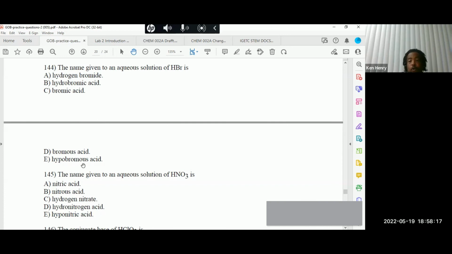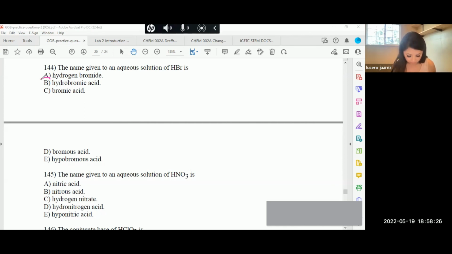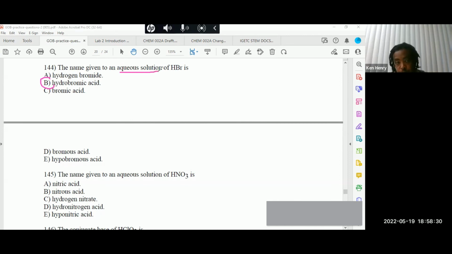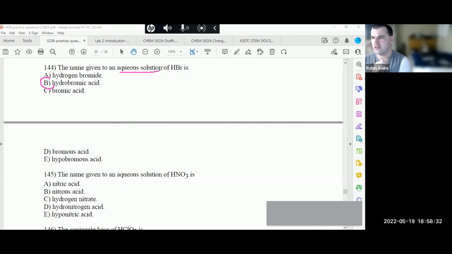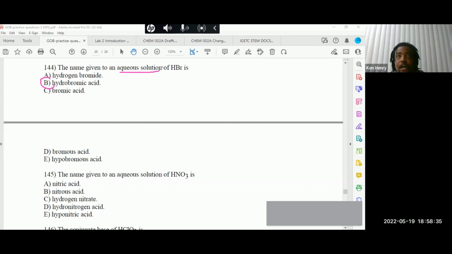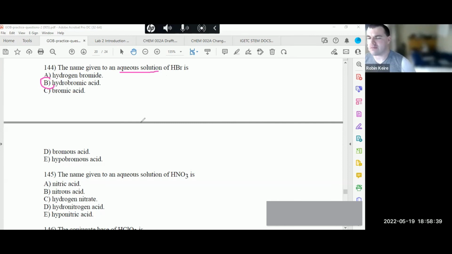Did you say B as in boy, or D as in dog? B as in boy. B as in boy is correct. And that's because it has the one hydrogen, right? No, it's because it has hydrogen and it doesn't have any oxygens. Oh, I see. Okay.